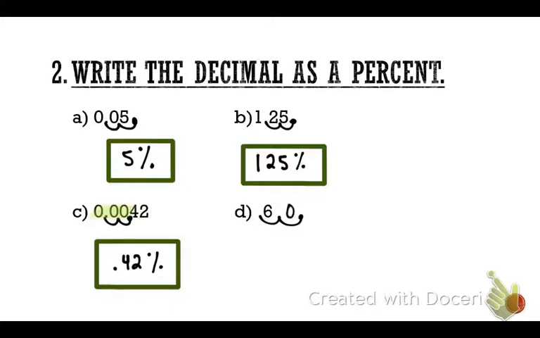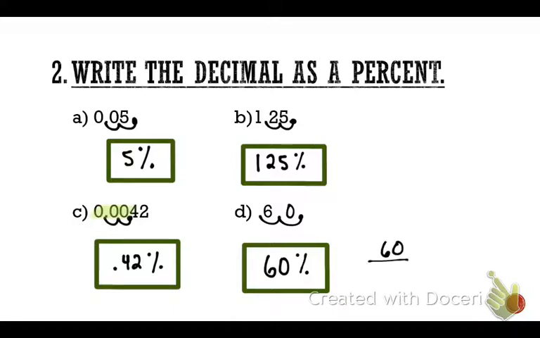A 0, which looks like an egg, okay? Then I'm going to drop that down and add the percent sign, which means 0.6 is the same thing as 60%. If I was asking you to tell me what that would be as a fraction, that would be 60 out of 100. Good job, because percent always comes from 100%.